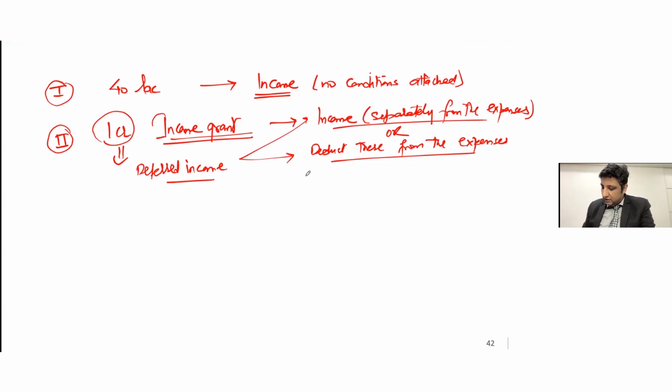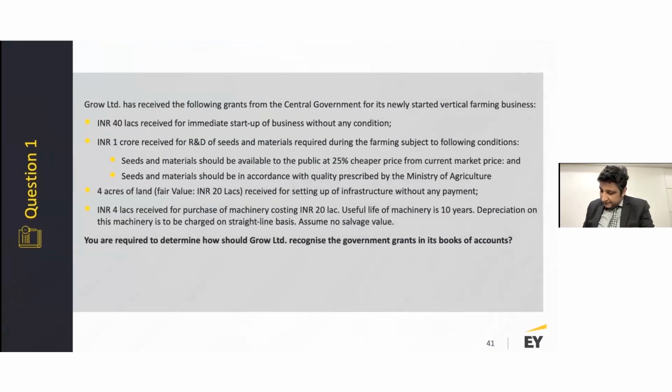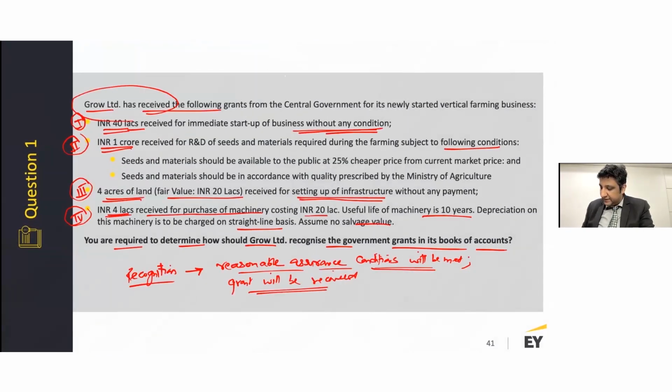We do it on a systematic basis. All right, so you have got this grant 2 of 1 crore, which you on day one show as deferred income, and you can either show it as an income or you deduct it from the expenses on a systematic basis, assuming or provided that there is a reasonable assurance that the conditions will be met.